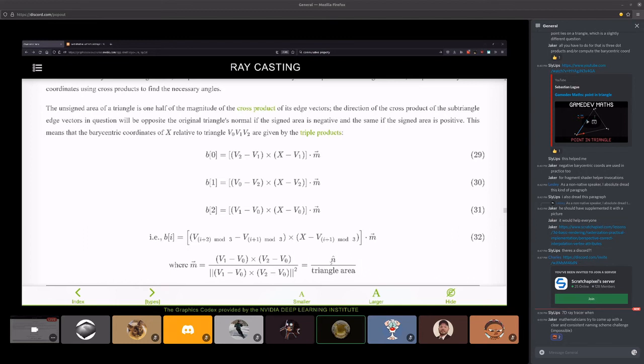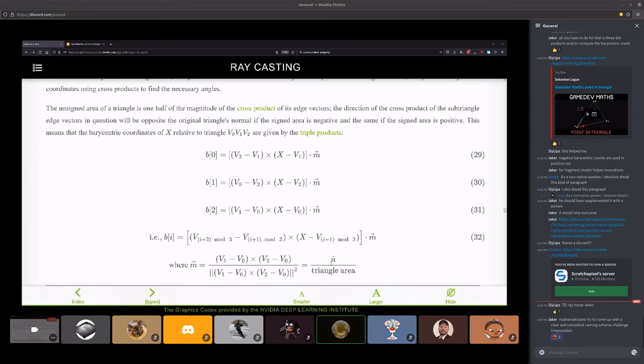The denominator, shouldn't that be like 2 times? Or I guess I'm not understanding why it would be squared. No, because this is the normalization function. Wait, no, that's right, because it's double the area, right? That's the magnitude.